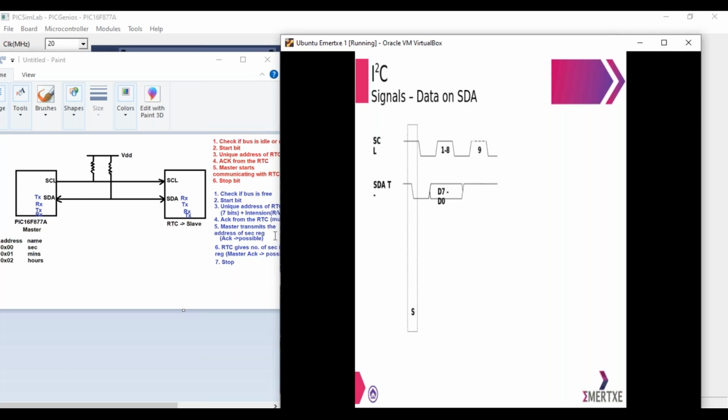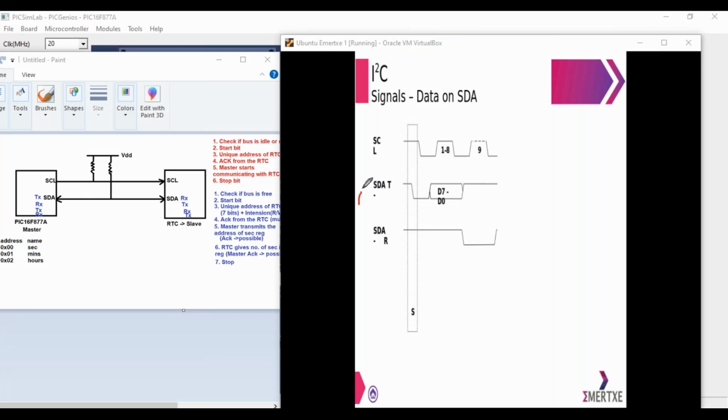So for every low level of the clock pulse, master transmits the second register's address. Similarly, at the same time, receiver is going to receive the second register's address. The second SDA line you see is with respect to the receiver, that is the slave.